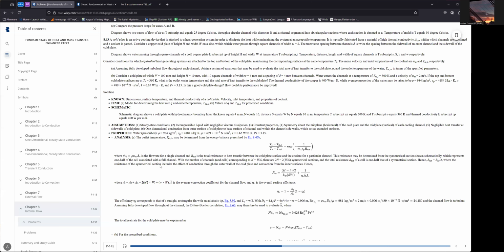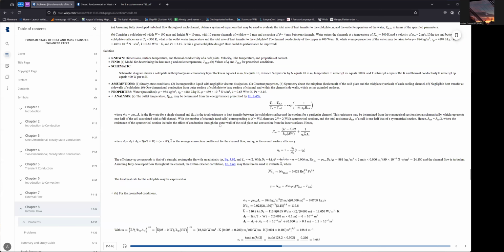There are a lot of equations, ranging from equations from chapter 3 for fin efficiency to equations from chapter 8, like 8.45, which is shown right here as the inlet and outlet temperatures, how you can get those. This is the thermal resistance, the total resistance and such.